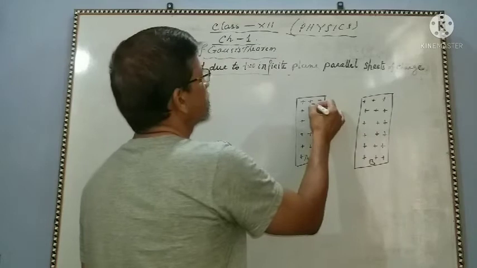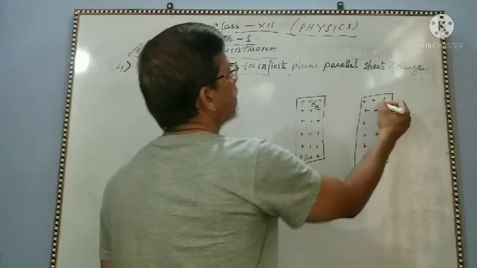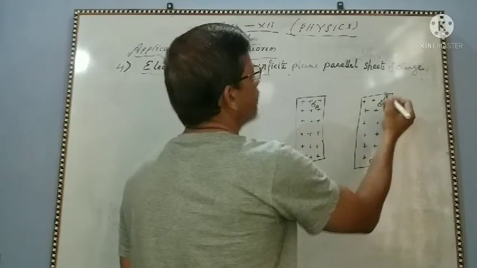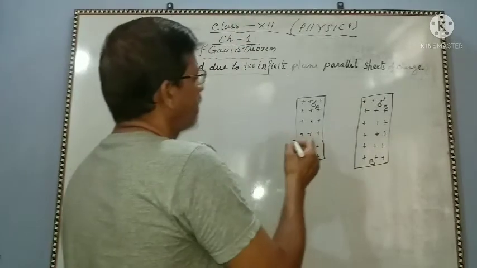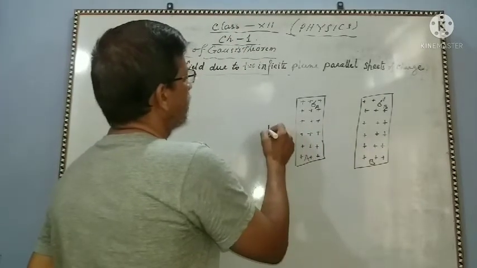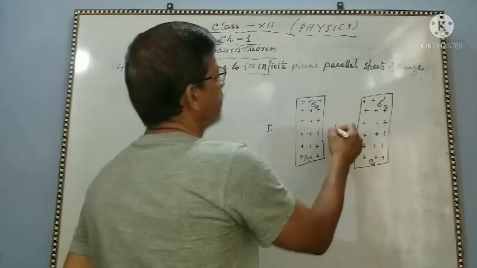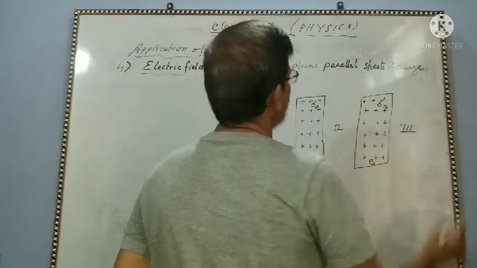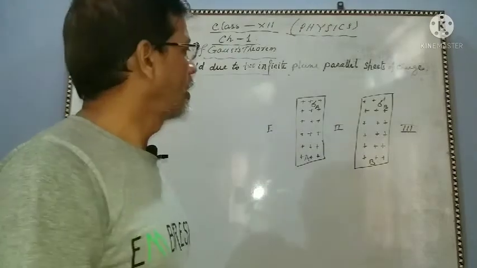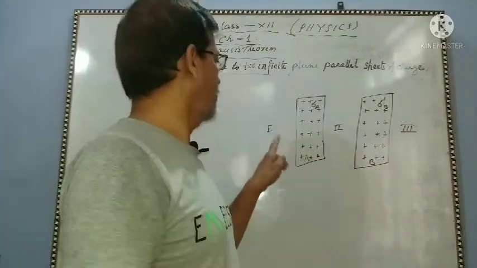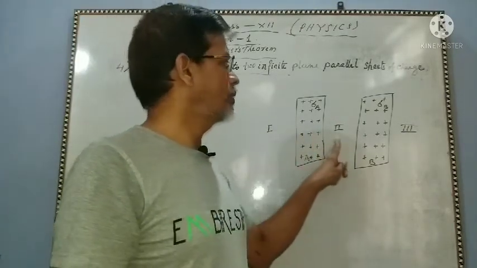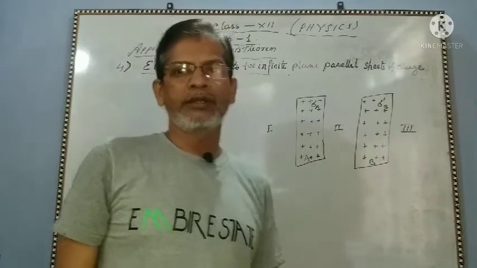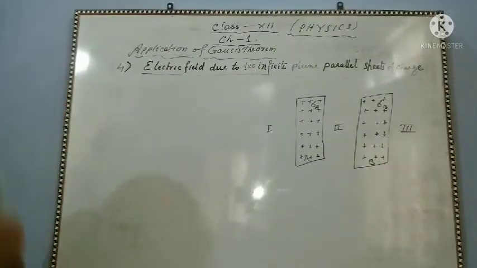Suppose the surface charge density of A is sigma A and of B is sigma B. The space is divided into three parts: region 1, region 2, region 3. Now our aim is to find the electric field in region 1, region 2 and region 3. Clear?